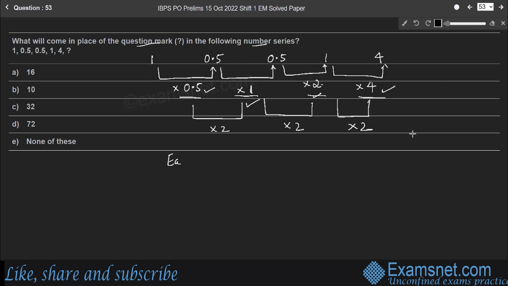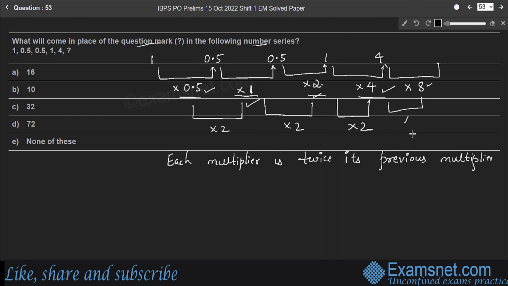Therefore, each multiplier is twice its previous multiplier. Therefore, to get the next number, here 4 should be multiplied by 8, right? Because 8 is twice its previous multiplier. So 4 into 8 is 32. Therefore, option C is the right answer.